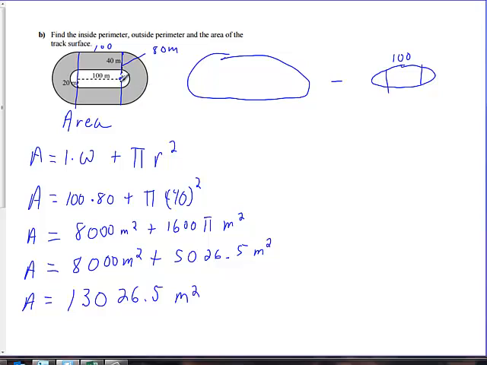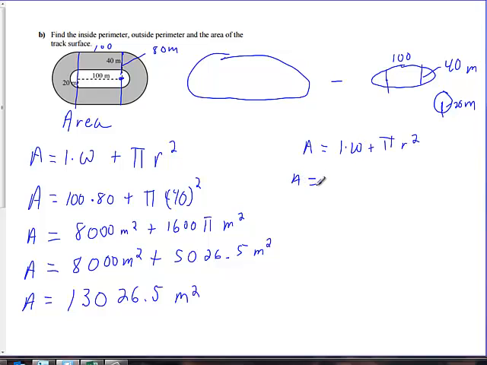We have this small area, which is 100. Our distance from one side to the other is going to be 40 meters. And then to figure out for our circle, our radius is 20 meters. So for our small area, the formula is length times width again, plus pi r squared.